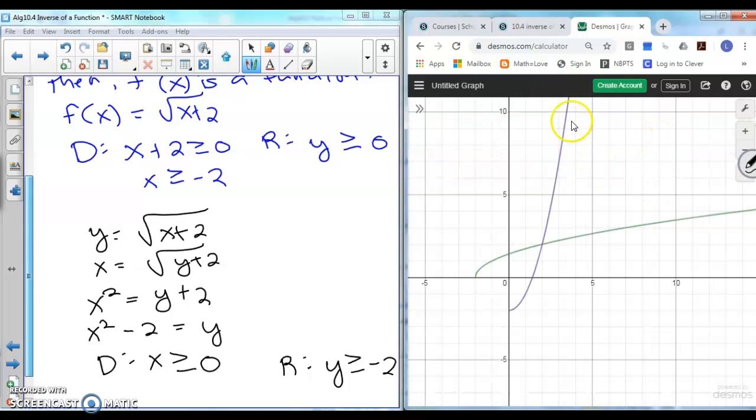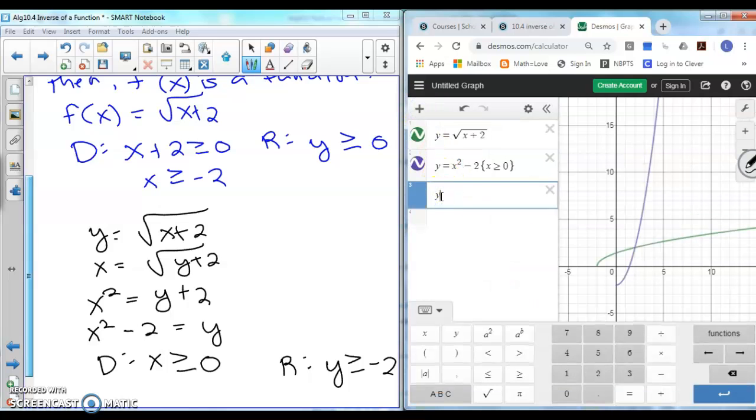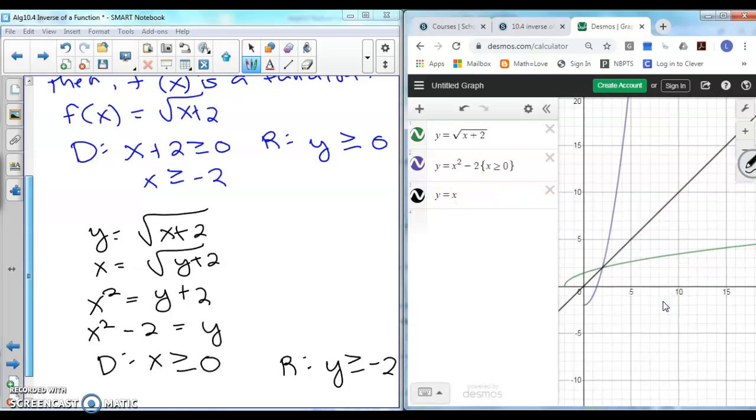So is this resulting graph, after restricting the domain, one-to-one? Definitely. And if you graph y equals x, do they look like they're mirror images of each other? Yep. Okay, so for nonlinear functions, we have that additional step of finding that restricted domain that will make the inverse a function and one-to-one.